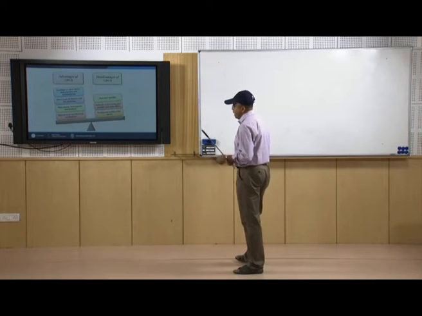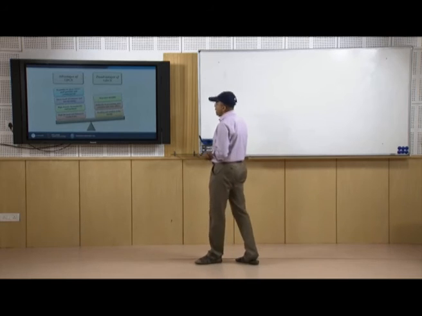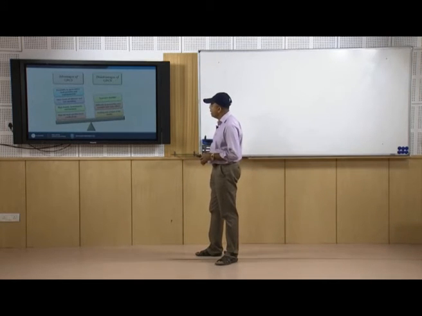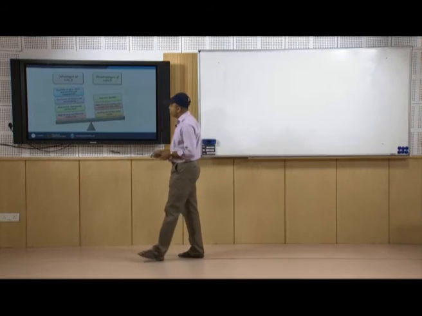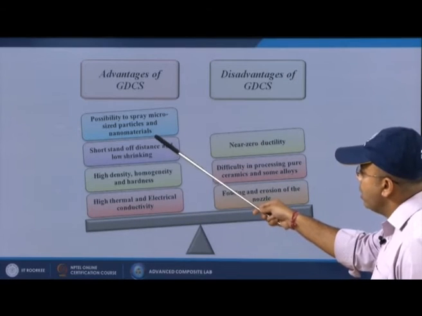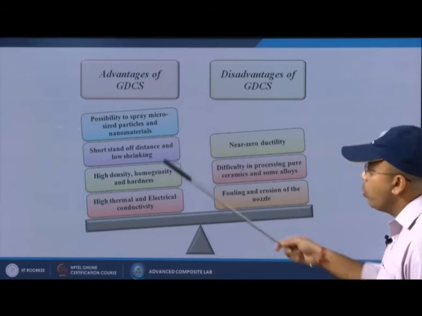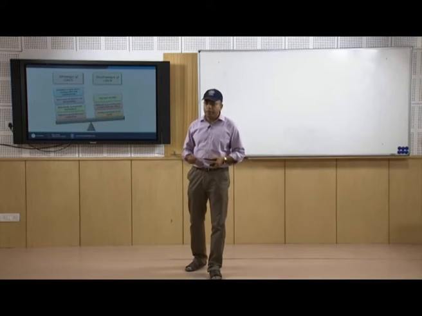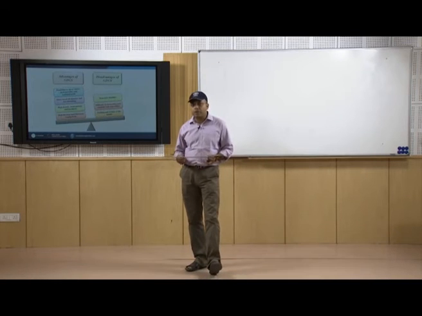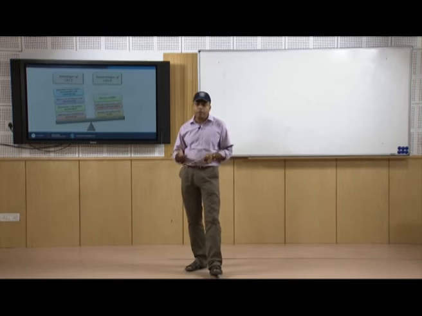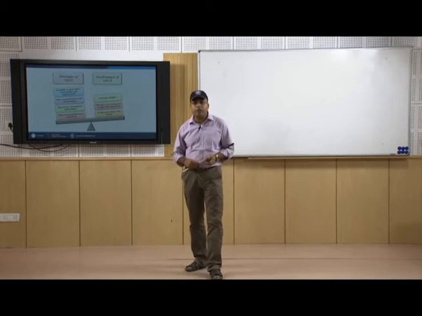Next, it is a good study about the advantages of the GDCS and the disadvantages of the GDCS. First one is the possibility to spray micro sized particles and nanomaterials, short standoff distance and low shrinkage. That means when we are doing the coating, the particle is hitting the substrate material, but if the dimension of that particular substrate is changed, then it is very difficult because our material properties, size, dimension, everything will be changed.